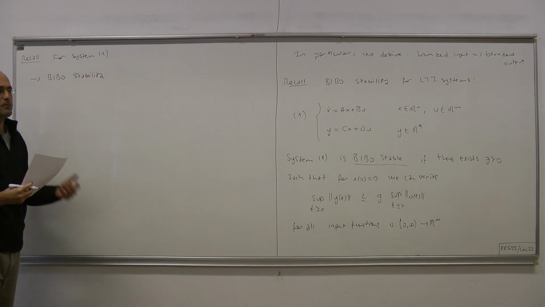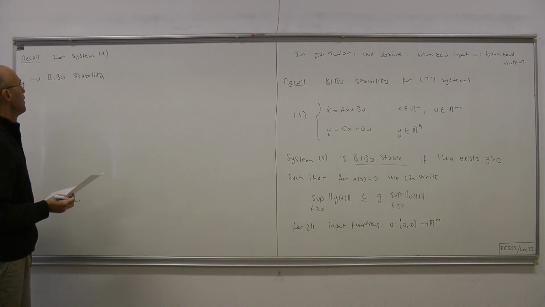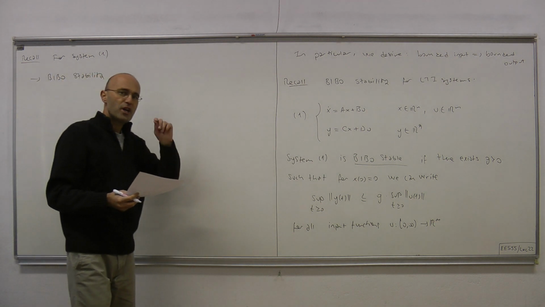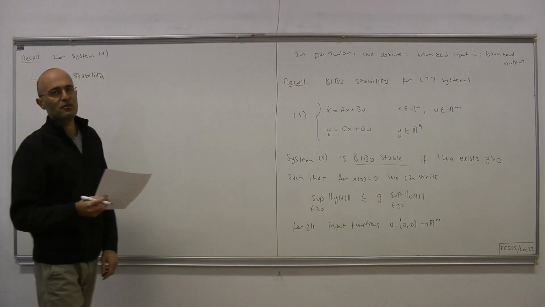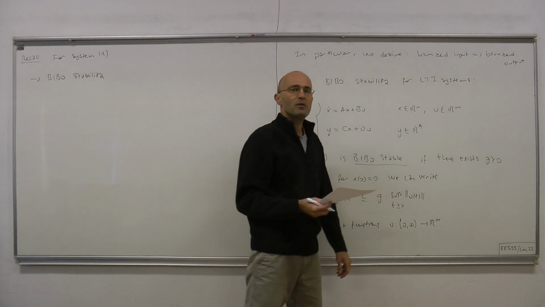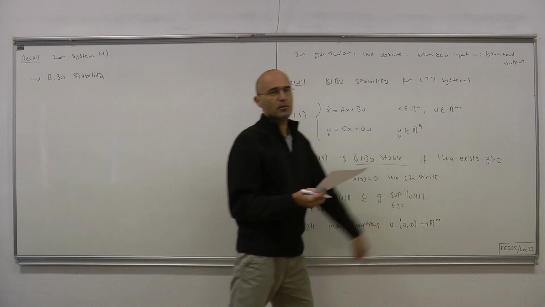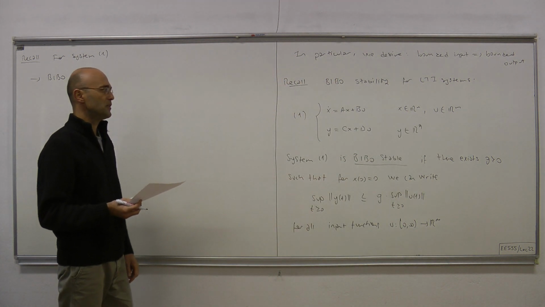Okay, it turns out that to check whether the system is bounded input, bounded output stable or not, all we have to do is check the poles of the transfer function. Okay, in general, transfer function does not have to be a scalar. It's a scalar when the output and input are scalar functions, but in general, it's a matrix.